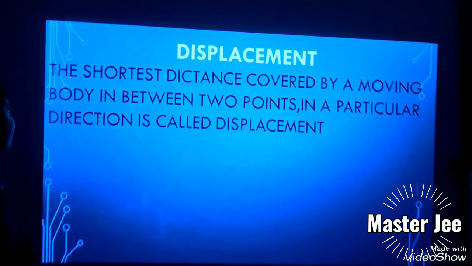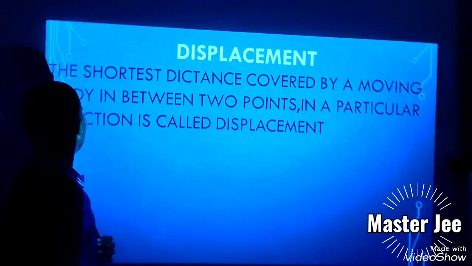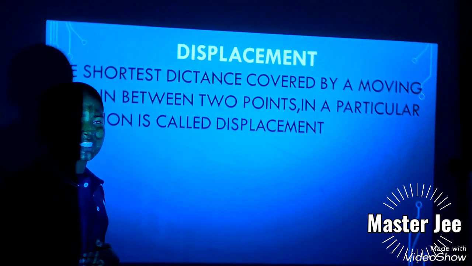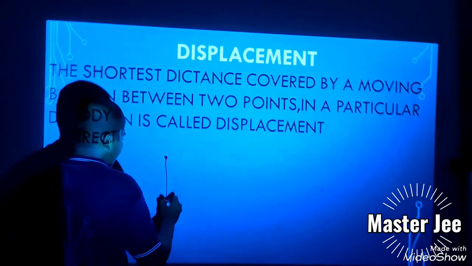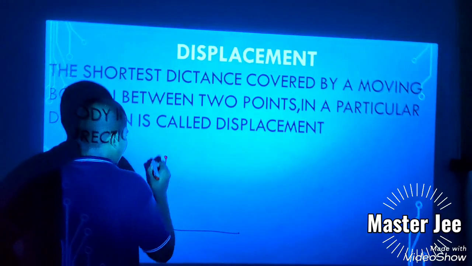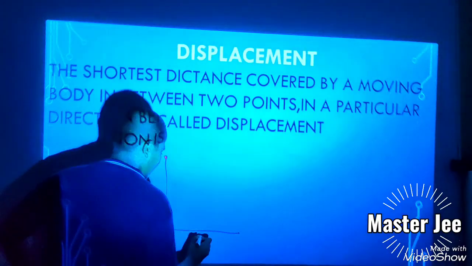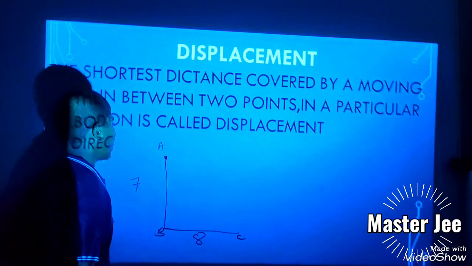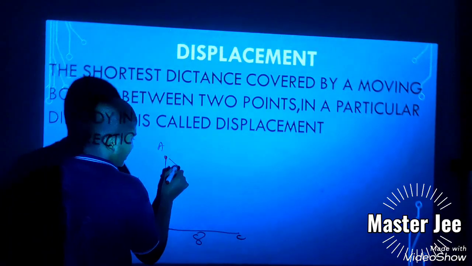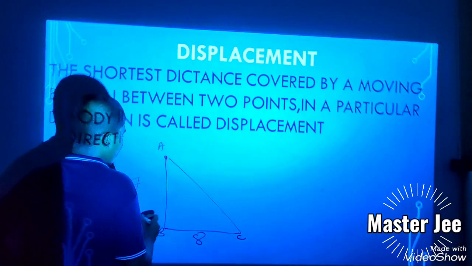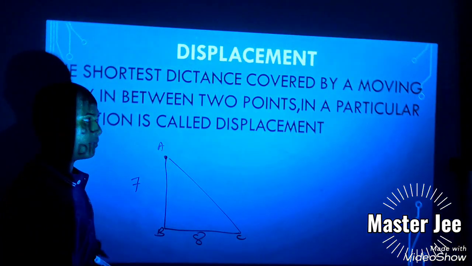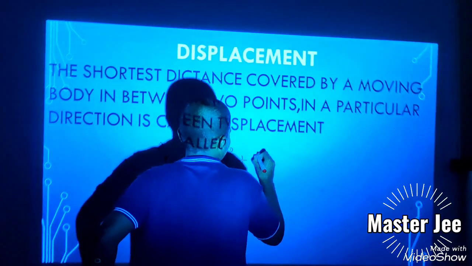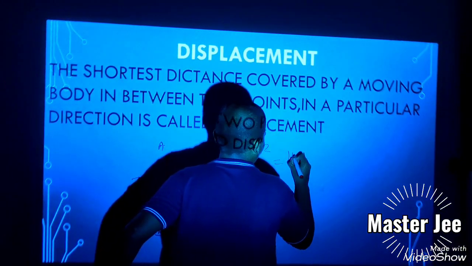So next, displacement. The shortest distance covered by a moving body between 2 points in a particular direction is called displacement. So here, the same example, I moved 7 kilometers from A to B and 8 kilometers from B to C. So here, the shortest distance is this. And to find this, we have to use the Pythagoras theorem, which is base square plus perpendicular square is equal to hypotenuse square.